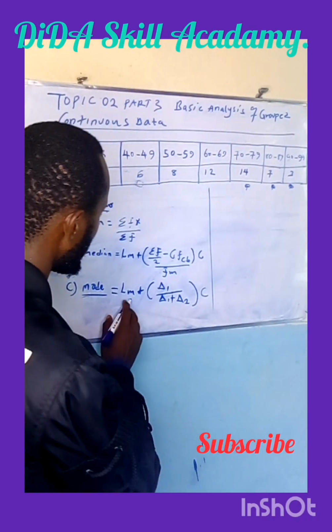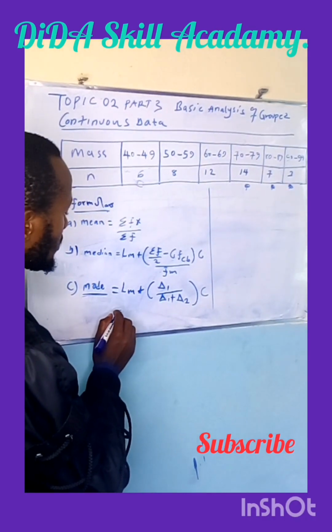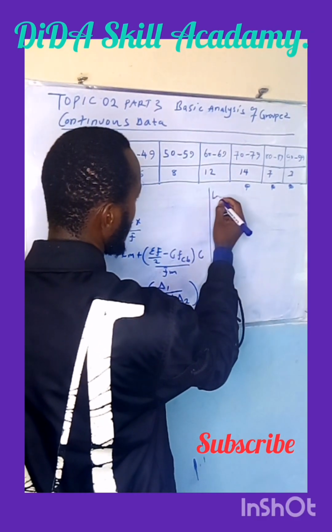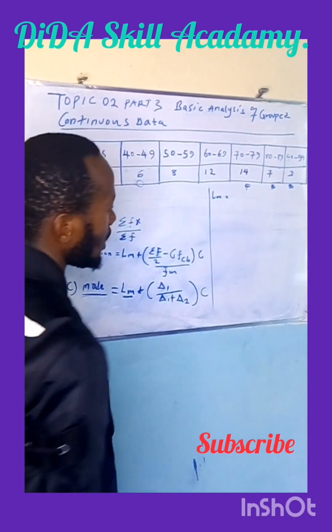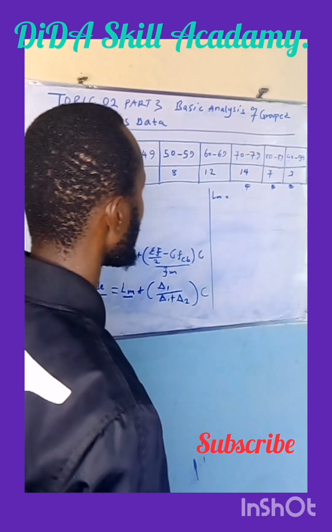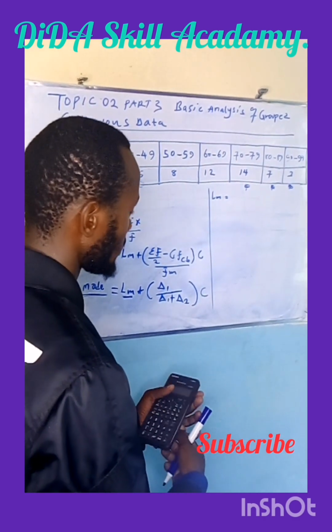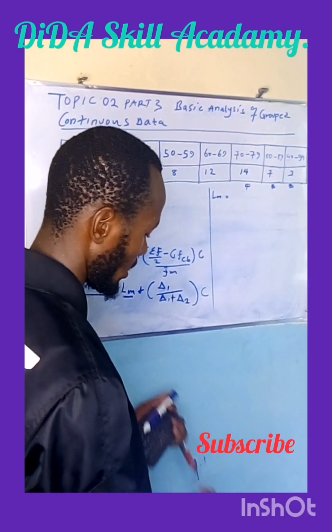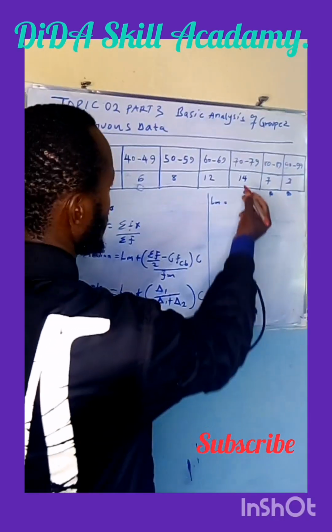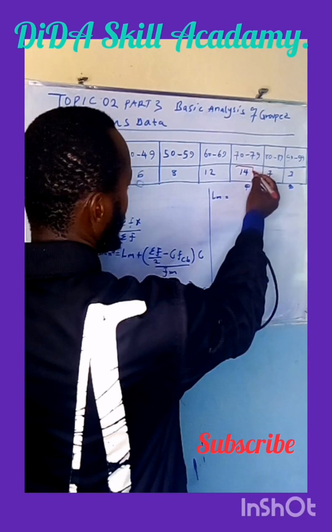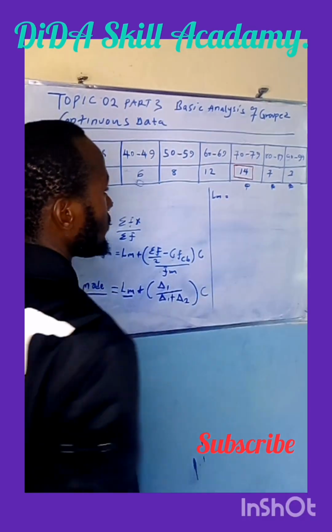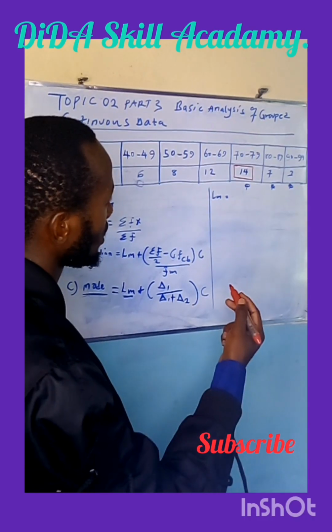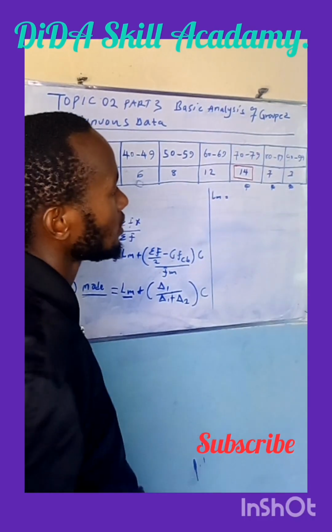So what is the lower limit of the mode class? How do you calculate the LM? You focus on the class where we have the highest frequency, and in our case we have this part, where 70 to 79 is our class interval with the highest frequency.